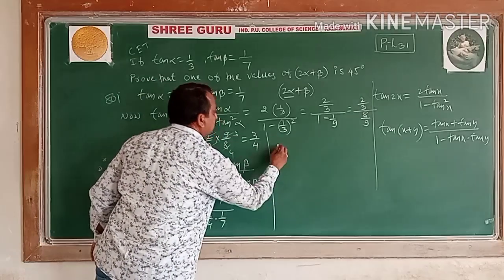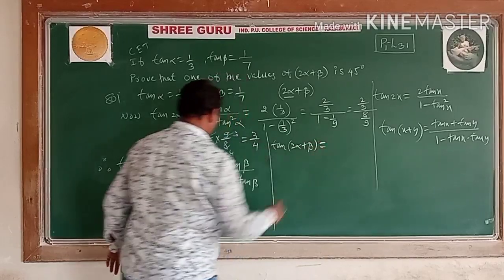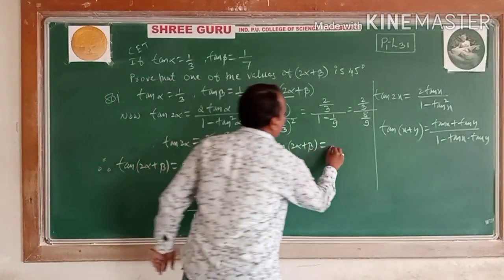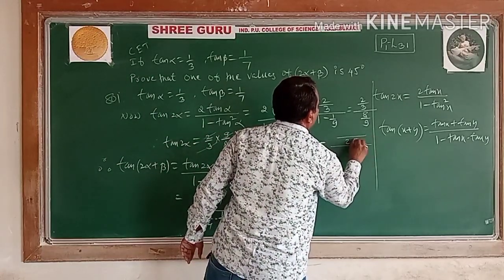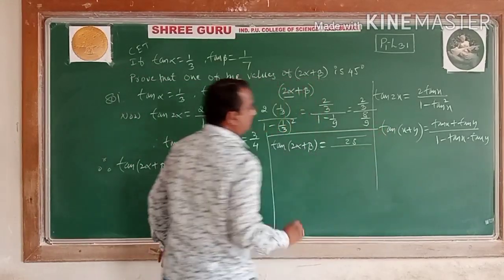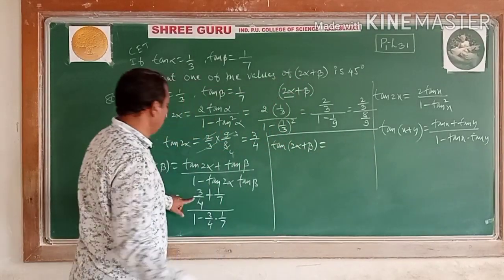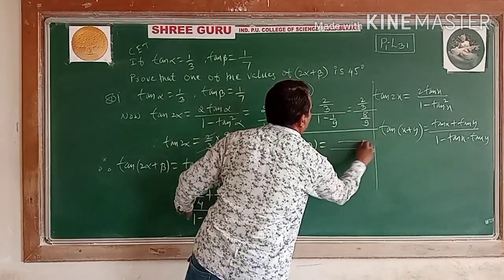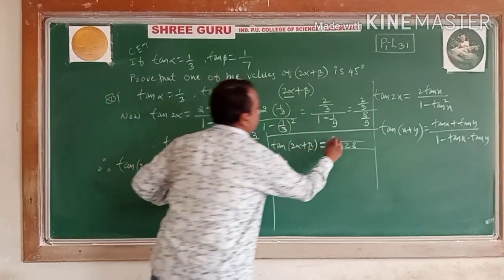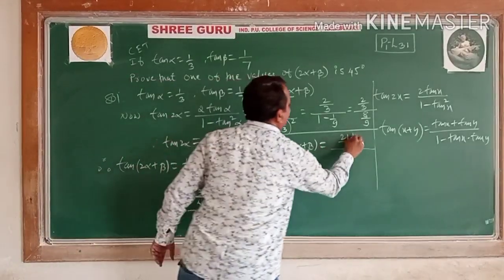Simplify this one. Tan of 2 alpha plus beta is equal to, taking LCM 28 in the numerator, multiplying 3 by 7 it becomes 21, and multiplying 1 by 4 it becomes 4.